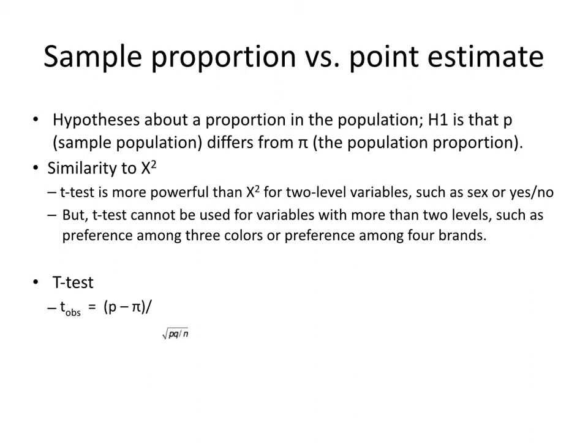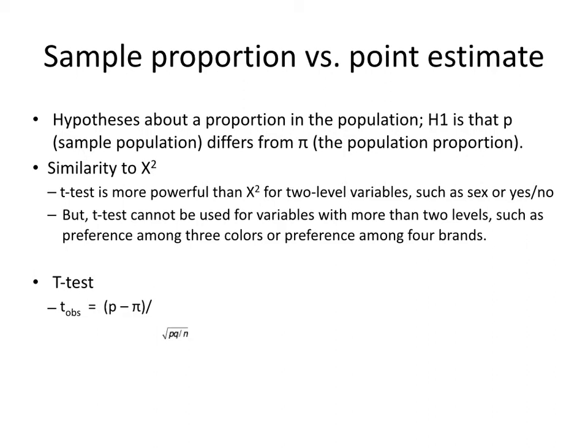And that allows one to use the t-test, which is a slightly more powerful statistical analysis. The t-test can't be used if we have more than two levels. So if we were looking at color choice among 4 brands, for example, we'd have to use the chi-square and look at the entire distribution across the 4.